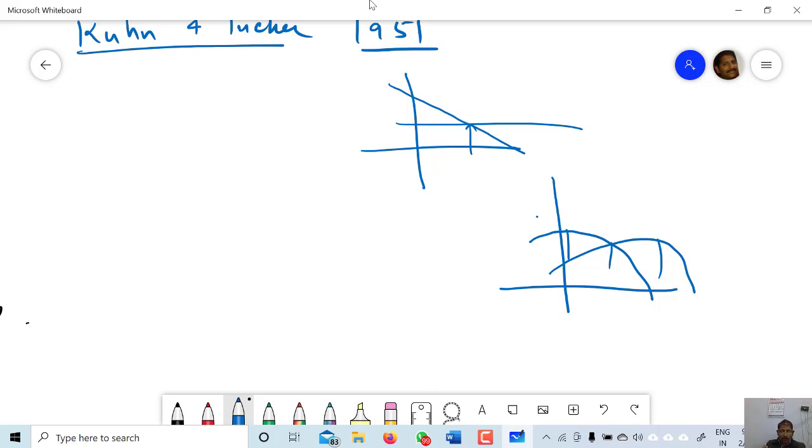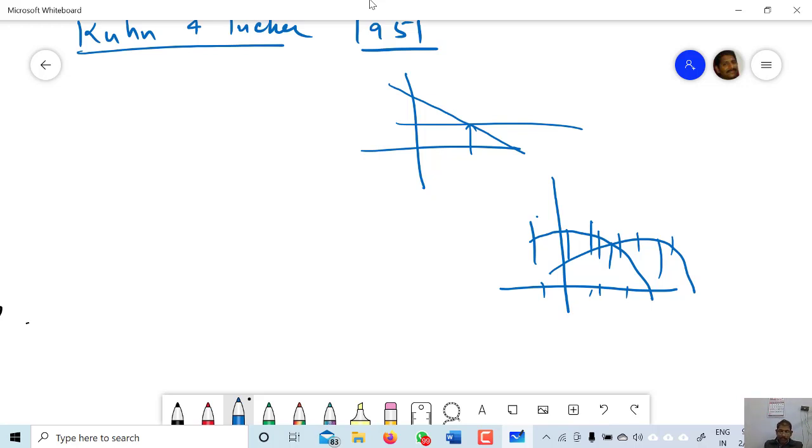So a local optimum may not be global in this case. This is a local optimum of the function in this part, this is another local optimum in this part, and this is another local optimum in this part. So a local optimum may not be the global optimum. This is the first concept.